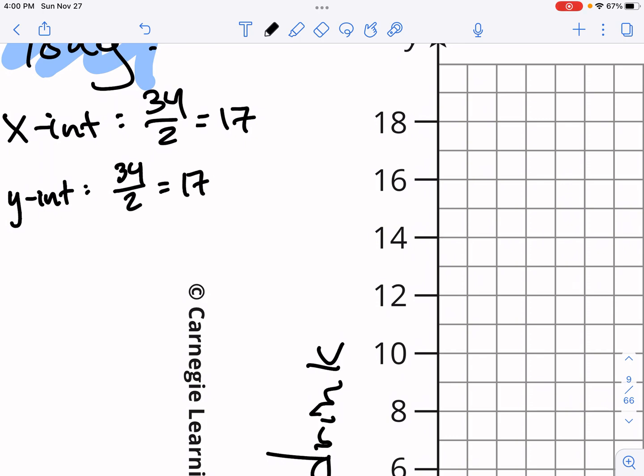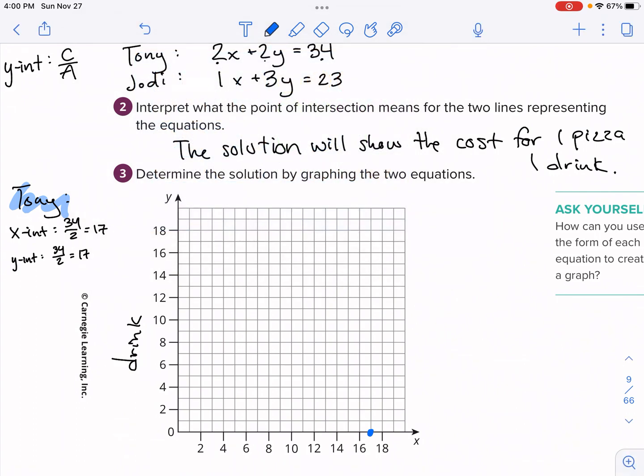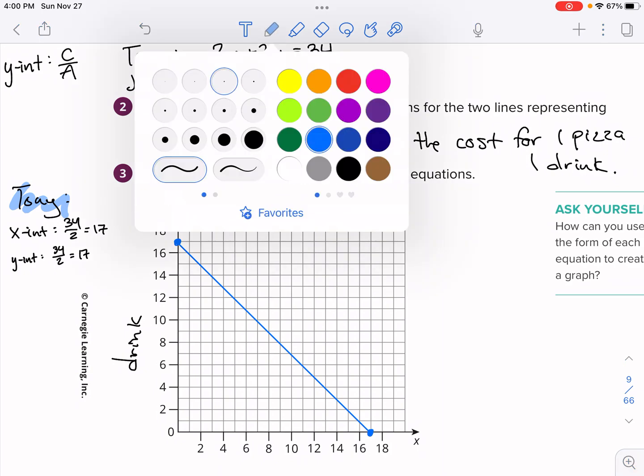It's also 17. So I'll put this in blue one more time. On the y-axis, where is 17? It's right here. So to graph his, I want to connect both of these dots, and this gives me the equation of Tony. I didn't need to complete a table like the previous lesson. But let's move on to Jody here.